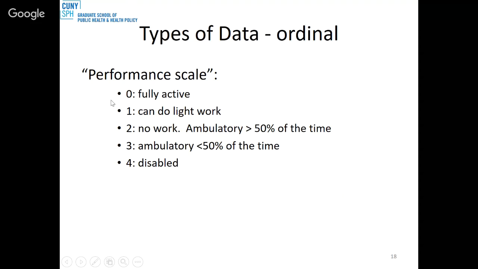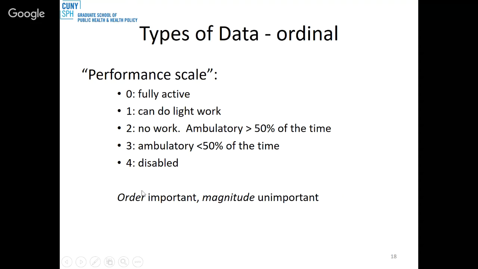An example is this Karnofsky performance scale that assigns a different score for how mobile a patient is, from a 0 that is fully active, a 1 not quite fully active but can still do light work, down to no work, only able to move less than half the time, to fully disabled and not able to move independently at all. So these are only nominally numbers, but they have an order. So we call them ordinal data.